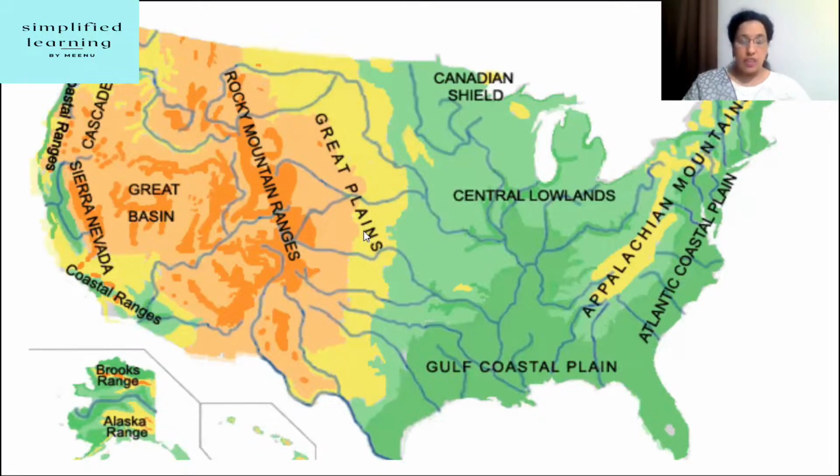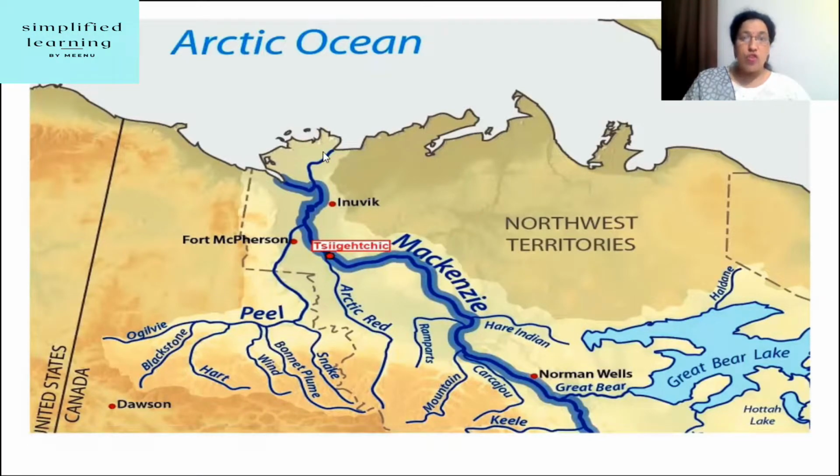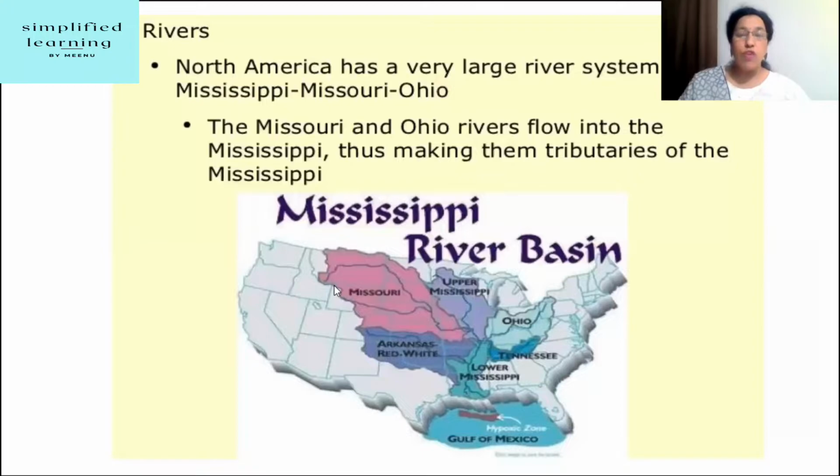The plains are higher in the west. They slope northwards in Canada as proved by the flow of river Mackenzie into the Arctic Ocean. Yes, the river Mackenzie flows northwards to the Arctic Ocean. You can easily understand from here. Clear? In the United States, the slope of the plains is southwards and it is drained by the Mississippi and Missouri rivers which flow into the Gulf of Mexico.